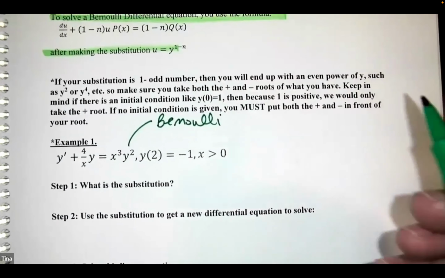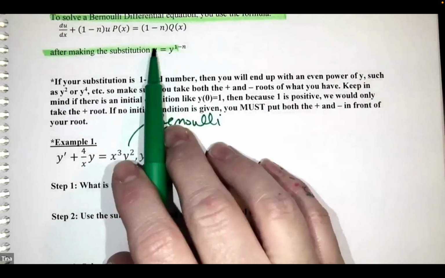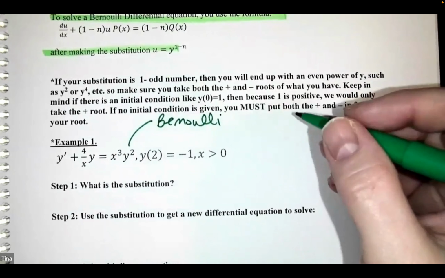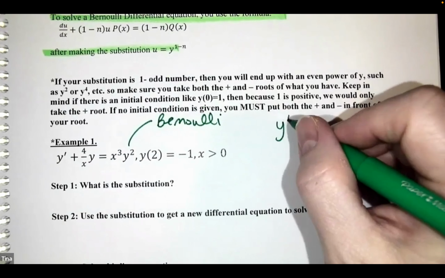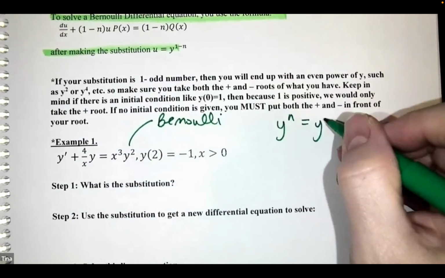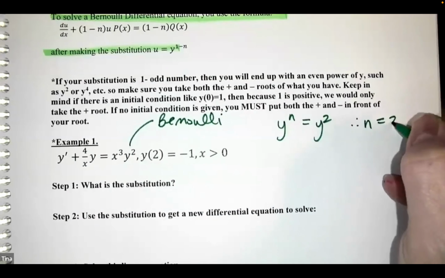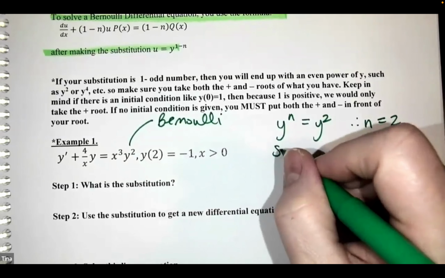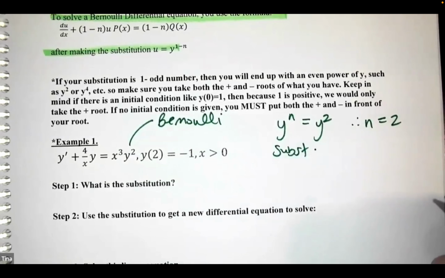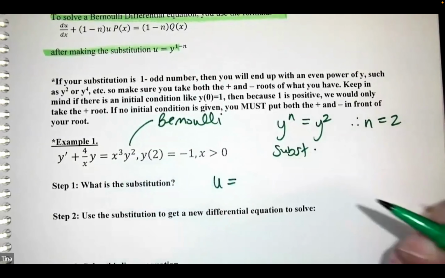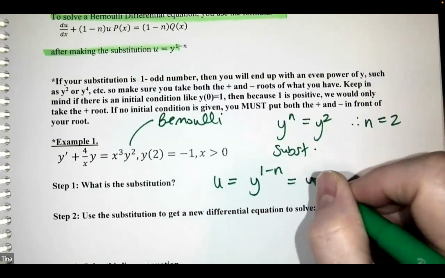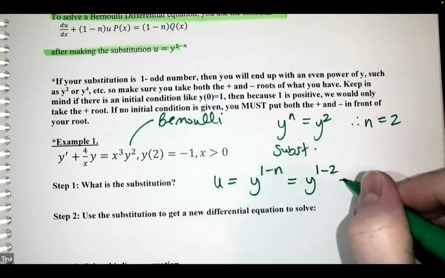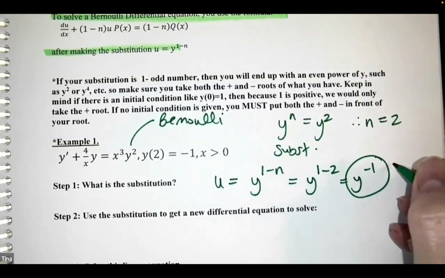So first of all, here is making my substitution. We have y to some number n, which is y to the 2, so our exponent here is a 2. So my substitution is going to be u equals y to the 1 minus n, or y to the negative 1.